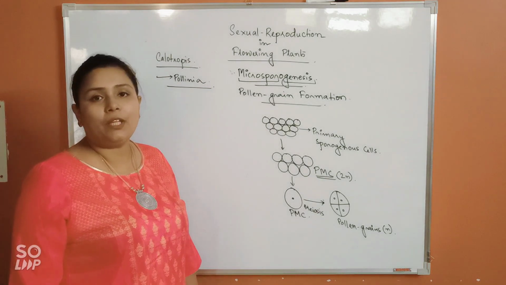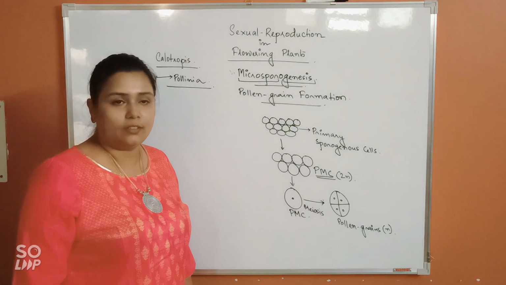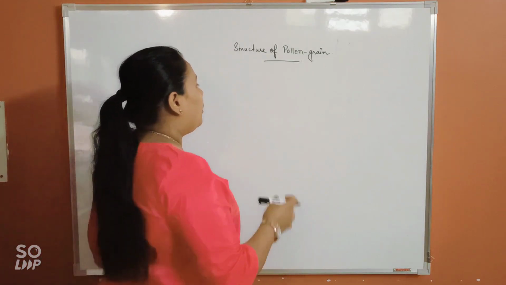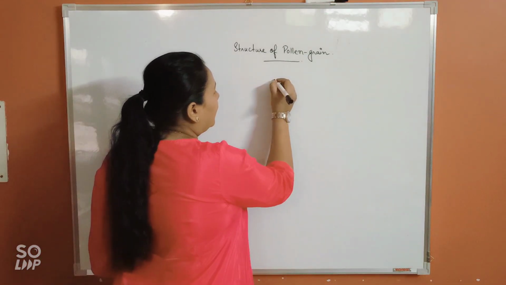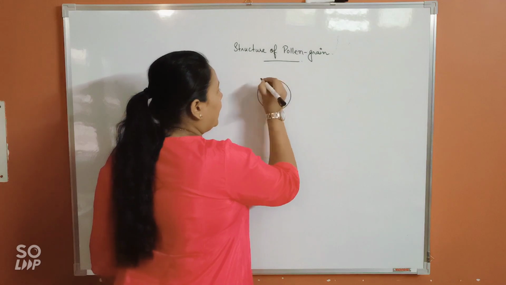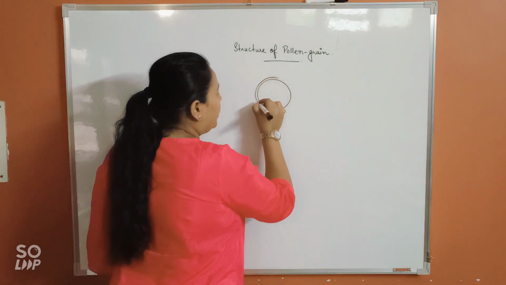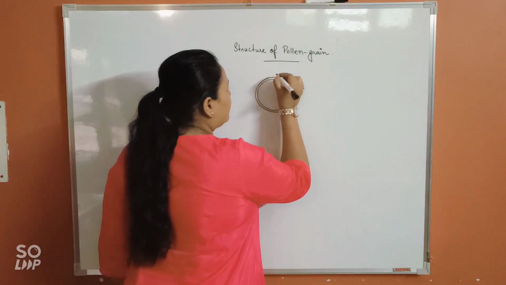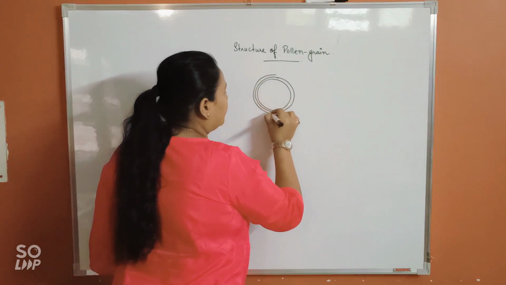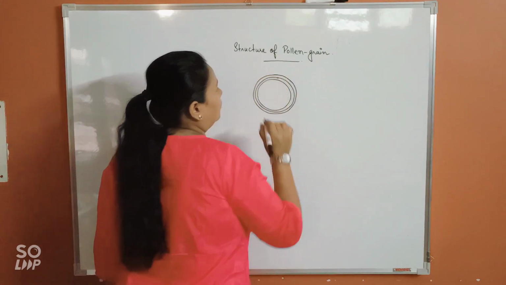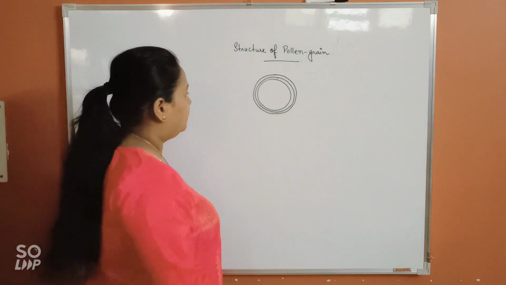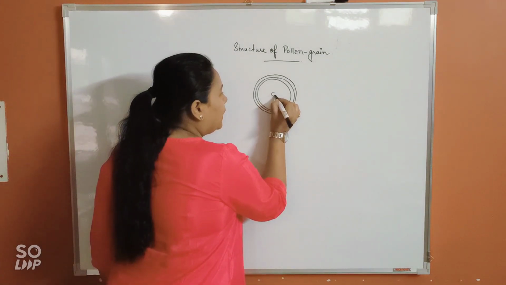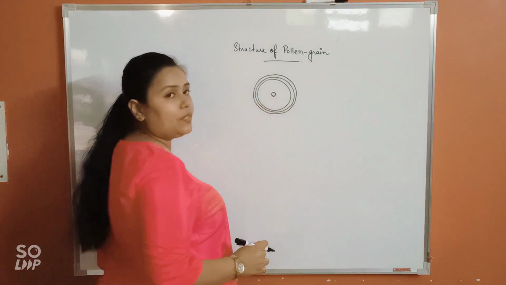Alright, next topic is structure of pollen grain. After formation, immediately, the pollen grain is going to appear like this. Immediately after formation, it is going to be uninucleate with a prominent nucleus at the center.